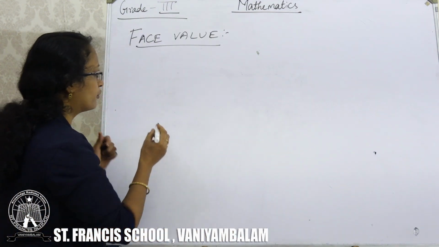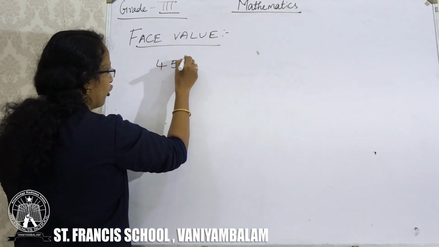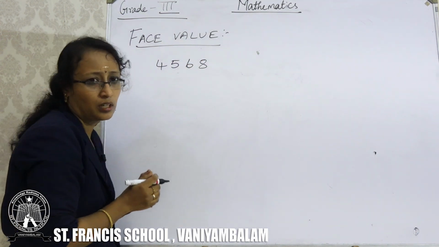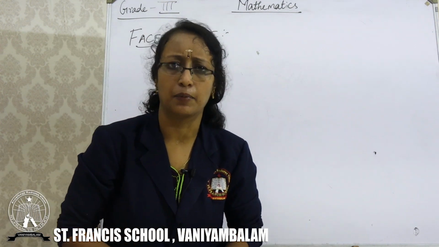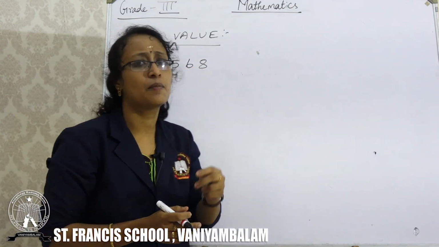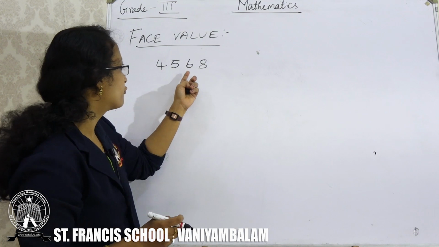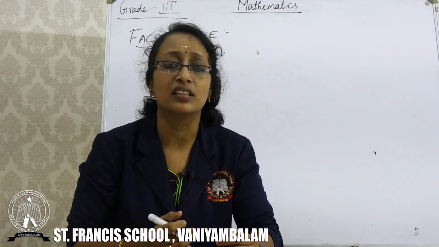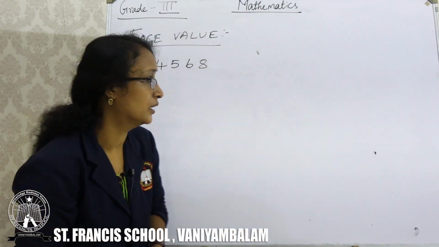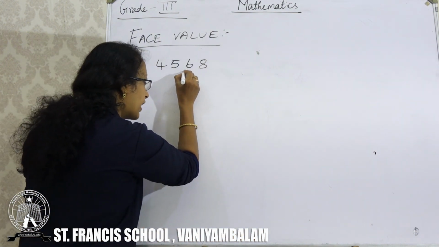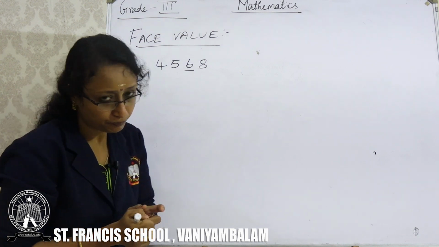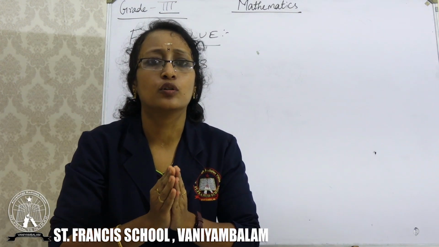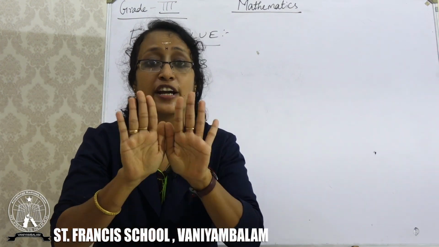So I am going to find the face value of a number. I took a 4-digit number, right? Is this a 4-digit number? Yes: 4, 5, 6, 8. This is your 4-digit number. I am going to find the face value of 6. I am going to show the 6 in front of the mirror.